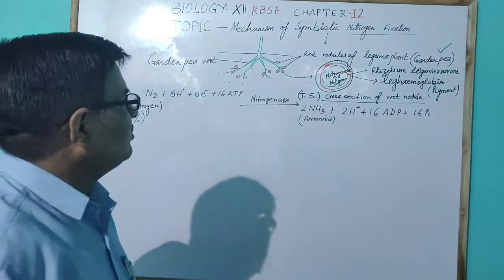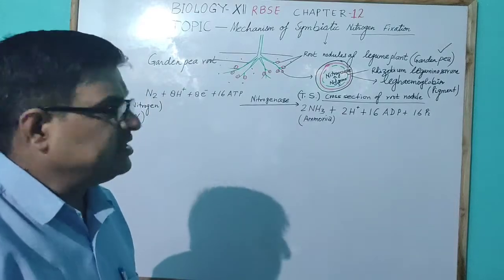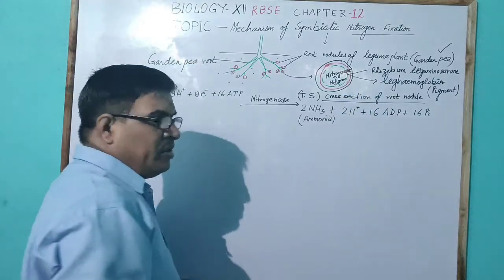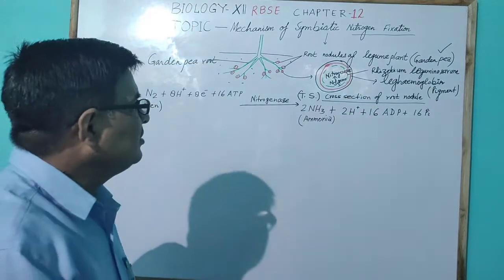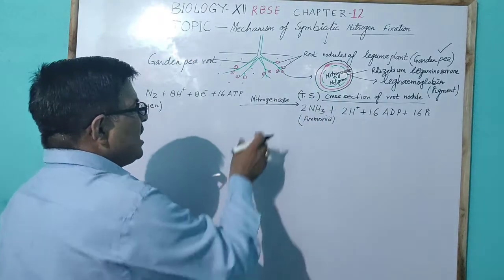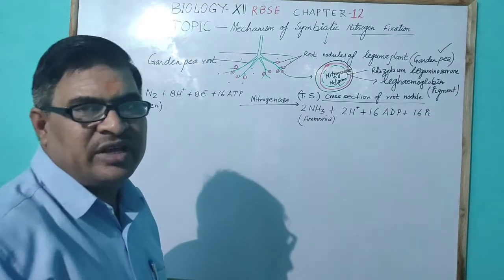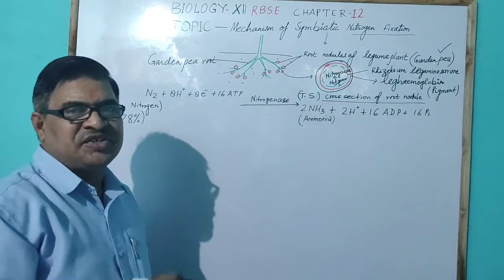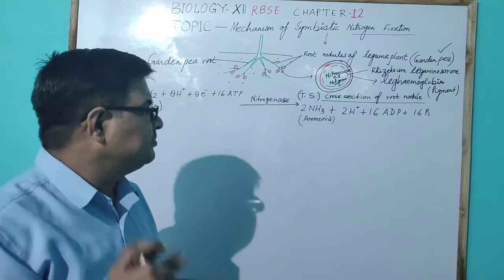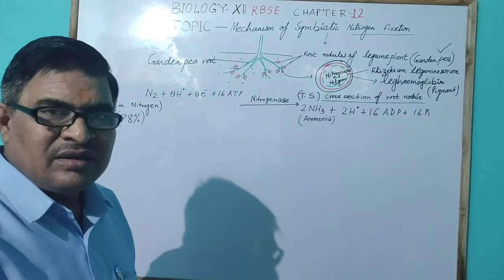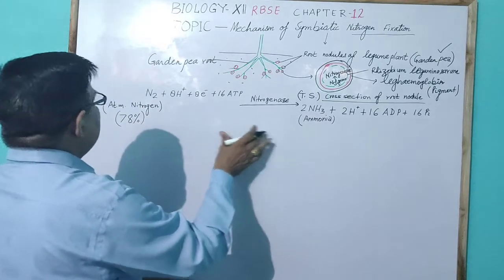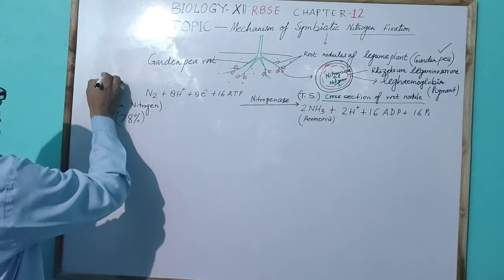This root nodule contains the gram-negative bacterium Rhizobium leguminosarum, which secretes the enzyme nitrogenase, a type of protein, and such protein secretion occurs by the NIF gene of Rhizobium. This nitrogenase takes part in nitrogen fixation, and this is the total reaction.